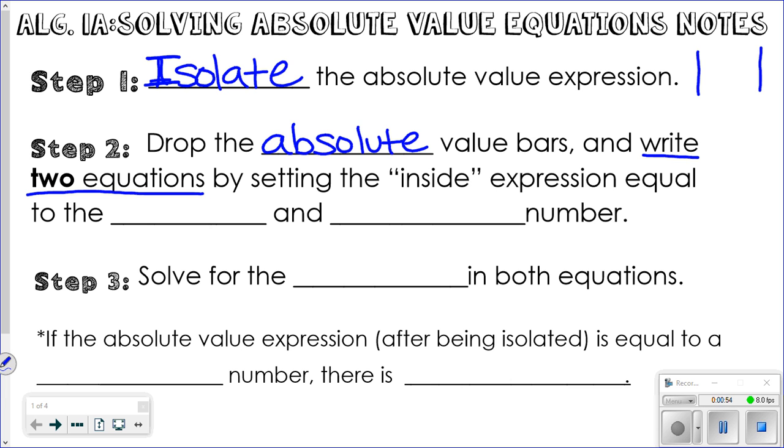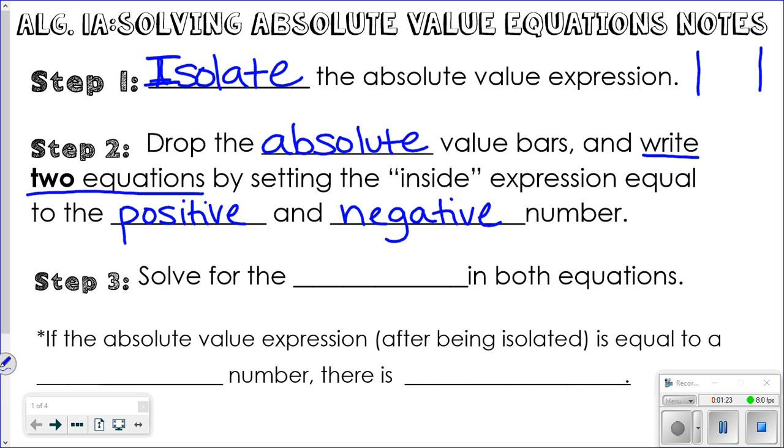So one equation is going to be set equal to the positive number, and one equation is going to be set equal to the negative number. So get rid of my bars, and I write two equations. One's positive, one's negative. So if I have two equations, we're going to have two answers.